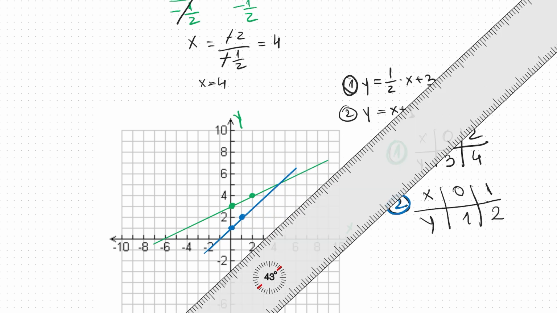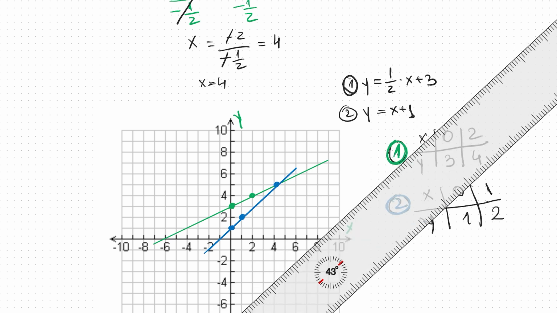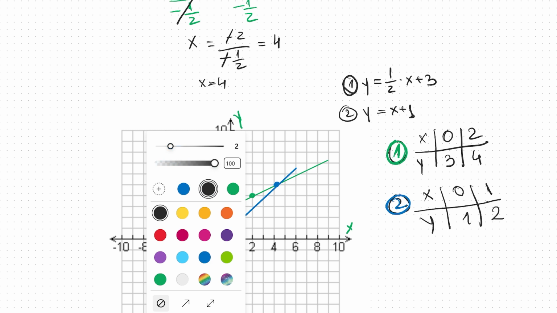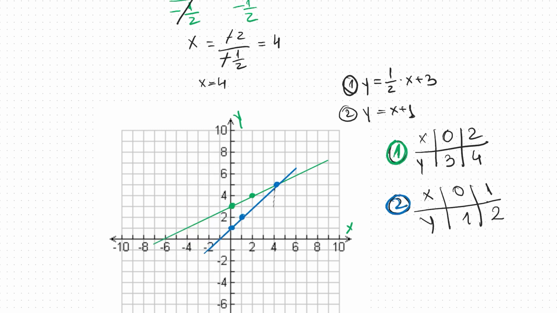And we see that the intersection between the 2 lines is here. And that point is x equals 4. X equals 4 checks out with the previous x, and so we have the correct number.